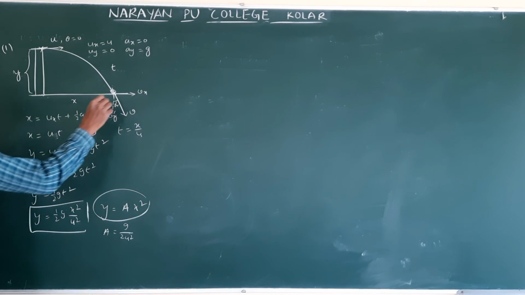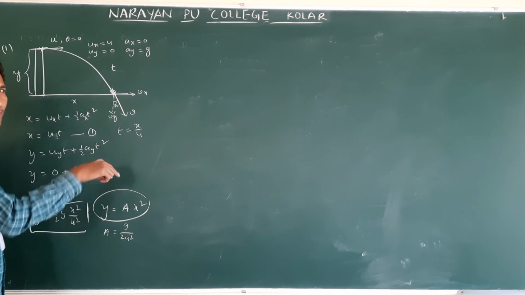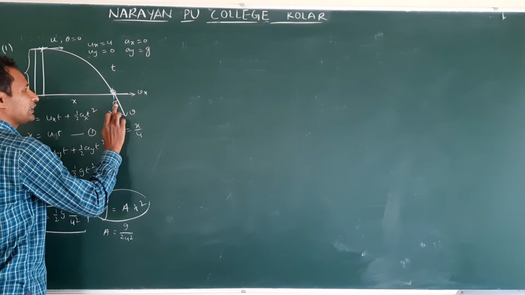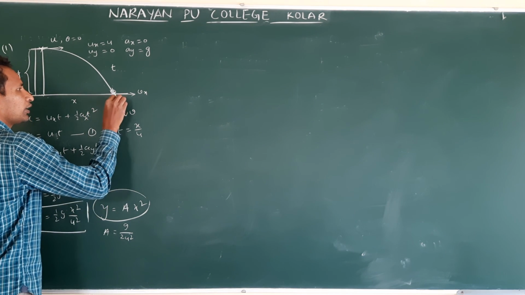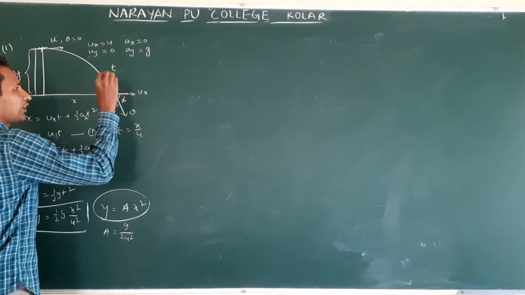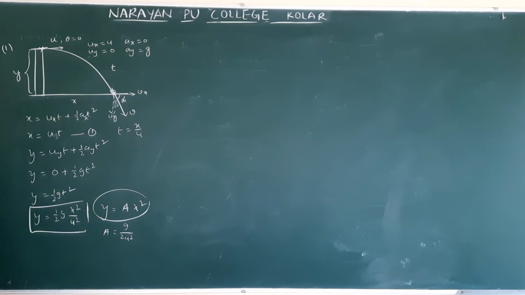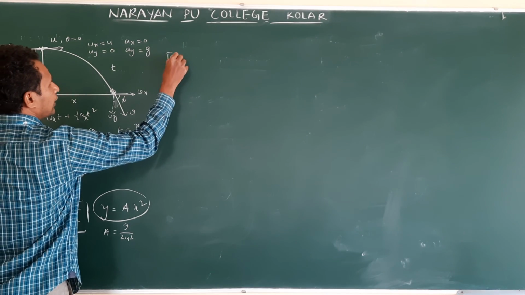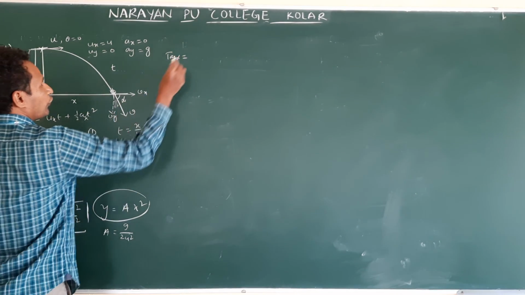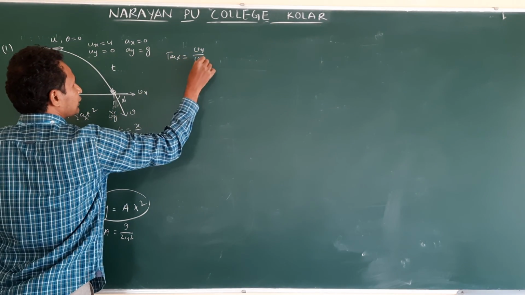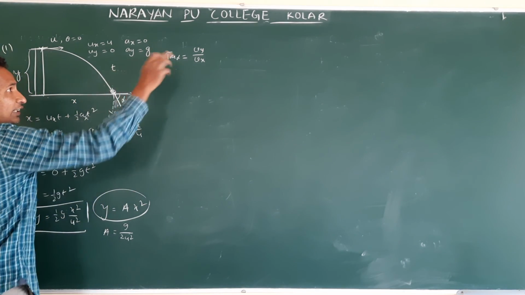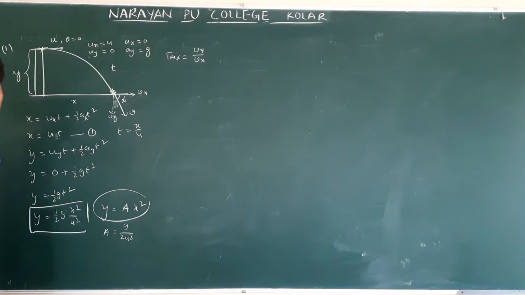Or if you take alpha with this direction, it depends on the question asked. In our material they have taken it with respect to the x axis. This is alpha. Then how do we write tan alpha? Tan alpha is equal to vy by vx with the x axis. If they ask with the y axis, reverse: vx by vy.